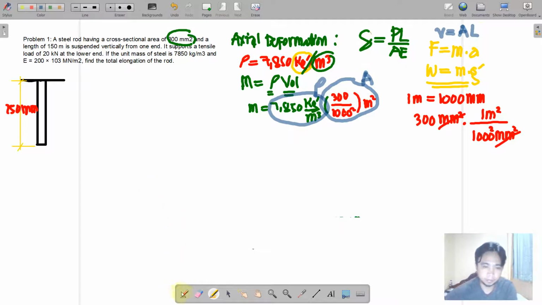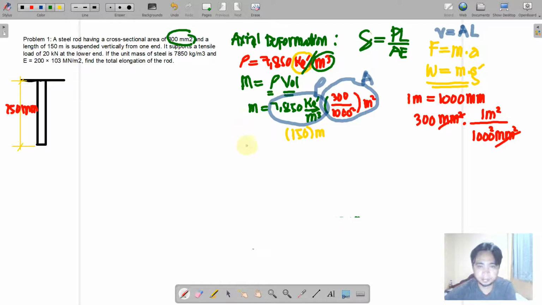So we multiply this further by the total length, 150 meters. All in all, this becomes cubic meter divided by cubic meter, so we come up with the mass.